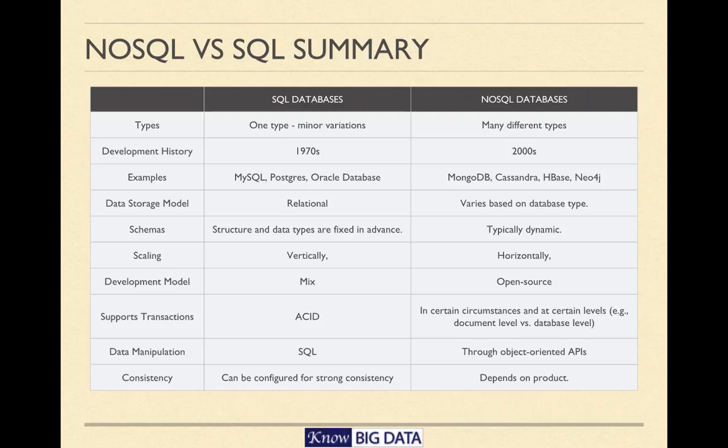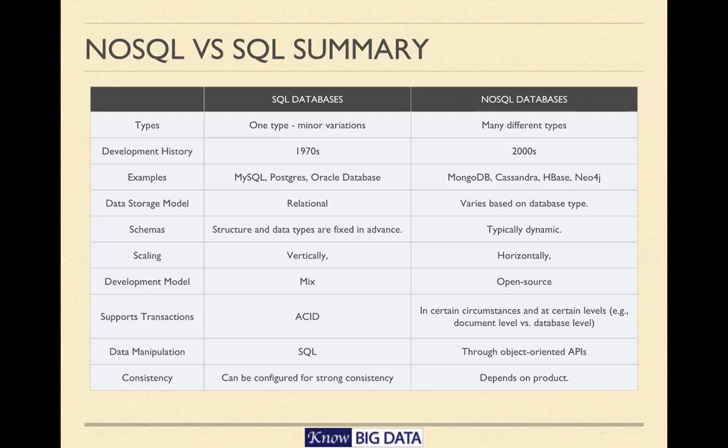One started in the 1970s, the other started in the 2000s, an age difference of 30 years. The examples are MySQL, Postgres, and Oracle on one side, and on the other side MongoDB, Cassandra, and HBase.